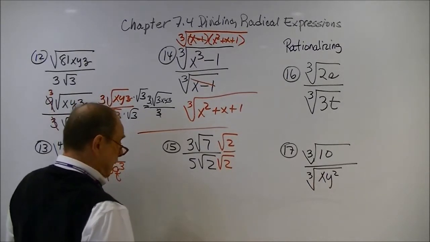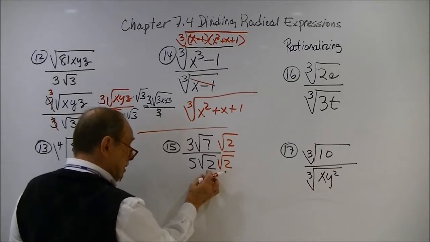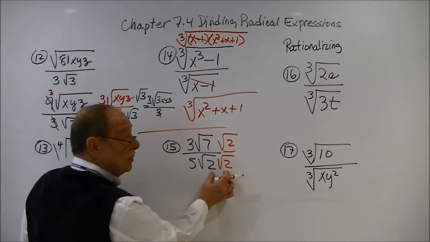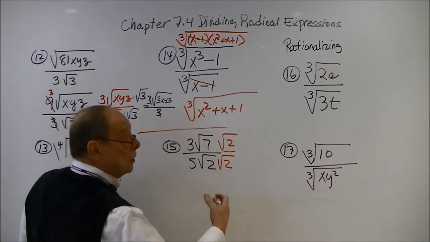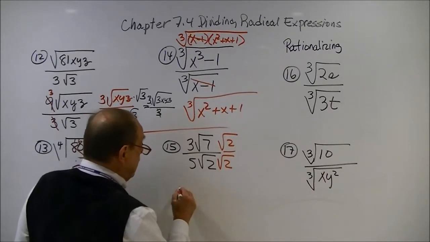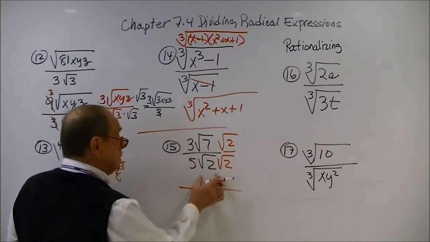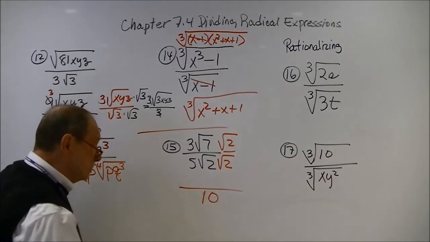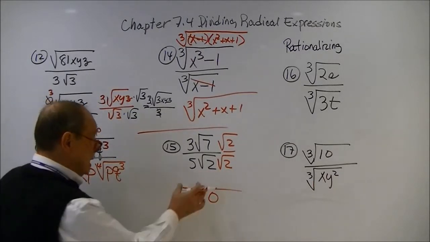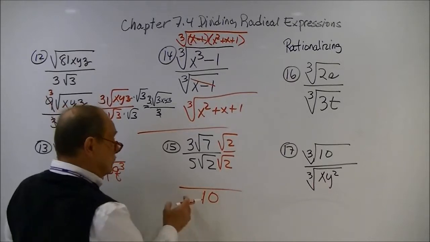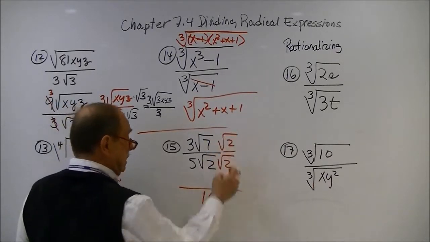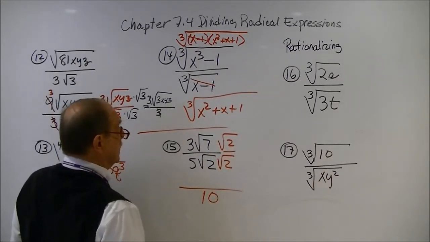You're allowed to do that. But now this becomes the square root of 4. The square root of 4 is 2, and 2 times 5 is 10. So where this denominator used to be irrational, now it's rational. We have rationalized, in this case, the denominator.